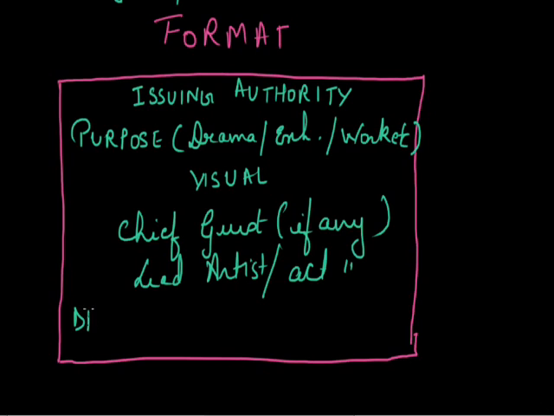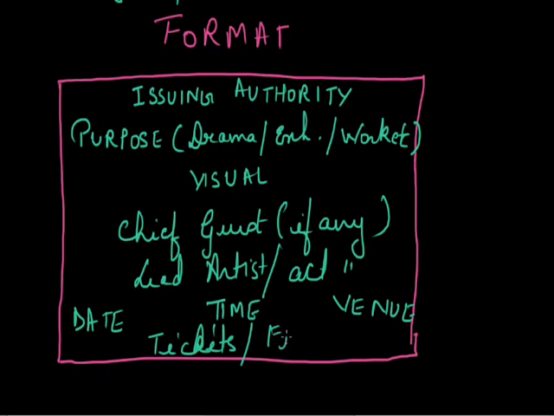Then you need to mention the date it is going to take place, the time, and the venue where it is going to take place. And then you need to mention the tickets and the further information which is important to be given in poster making.